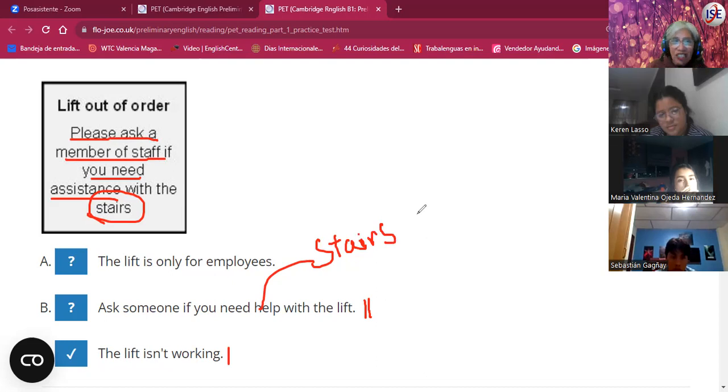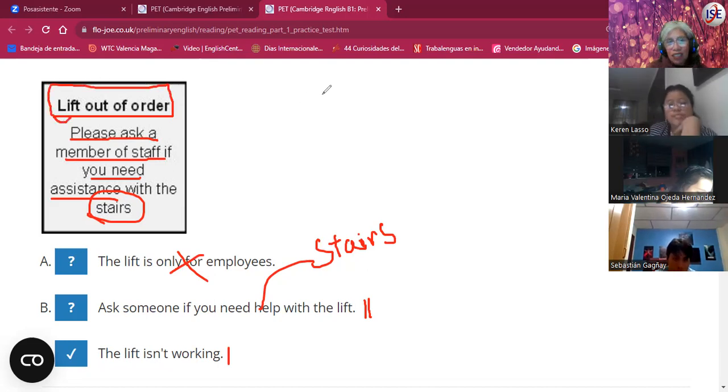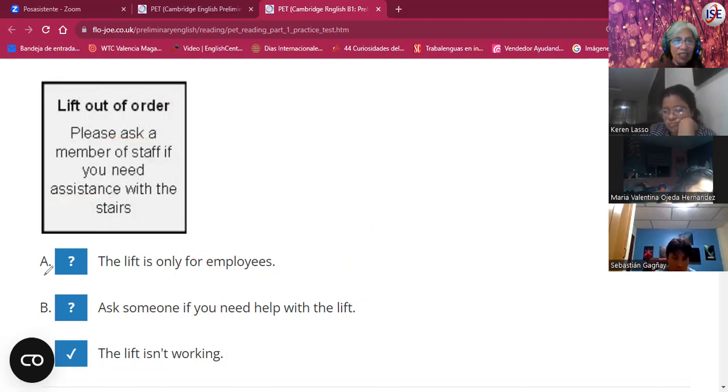Not the lift. The lift is only for employees? No, they don't mention the employees. But the first line says lift out of order. Out of order means it's not working. That's why I tell you, you have to be very careful when you read this. Next.